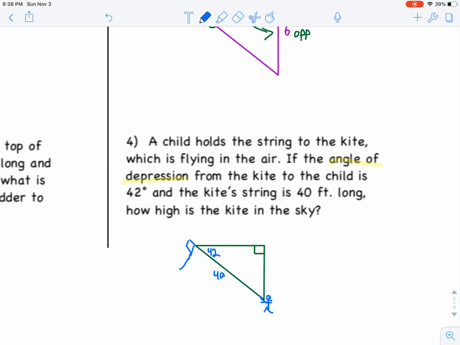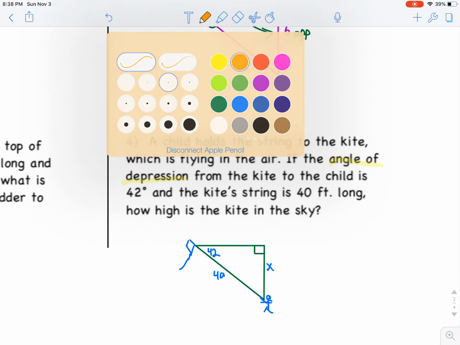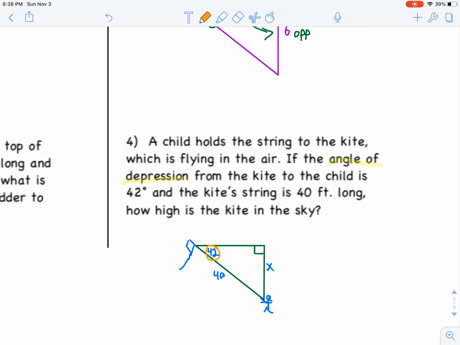So our height is represented by our vertical line. We don't know what it is, so we're going to label it X. Okay? All right, circle your angle, label your side. So across my angle is opposite, and across our 90 degree is always our hypotenuse. And I think you guys can go from there.